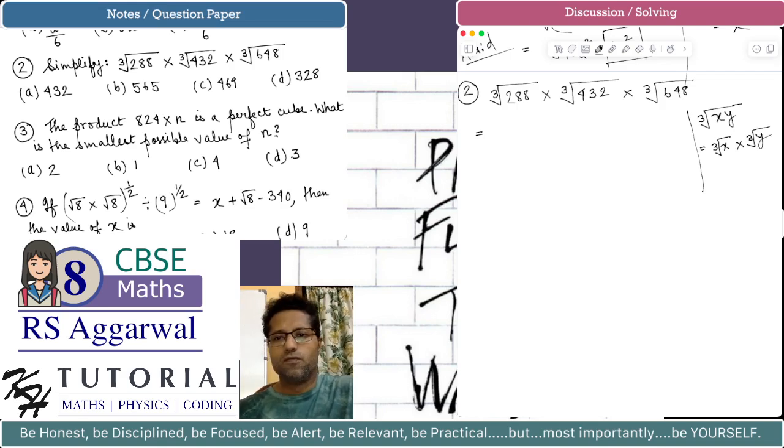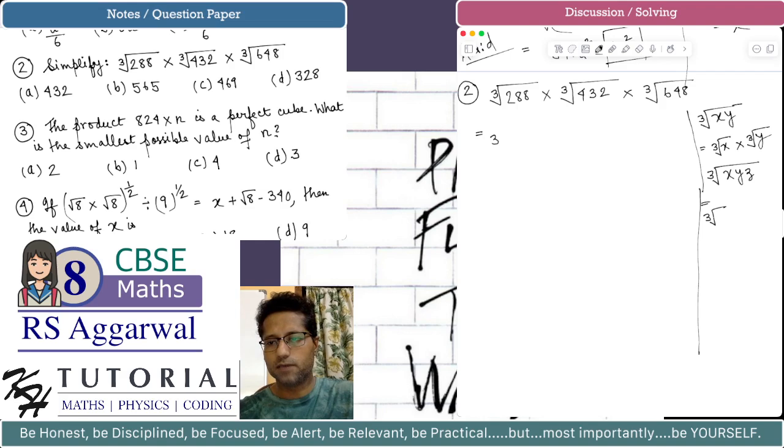So what we will do is put all the numbers inside a single cube root. This is applicable for two numbers x and y, but it can be extended for any numbers. Like if there was x, y, z, cube root of x, y, z is equal to cube root of x multiplied by cube root of y multiplied by cube root of z.